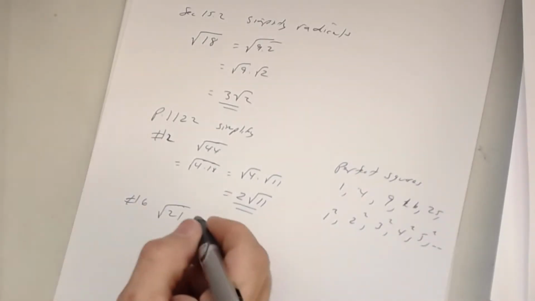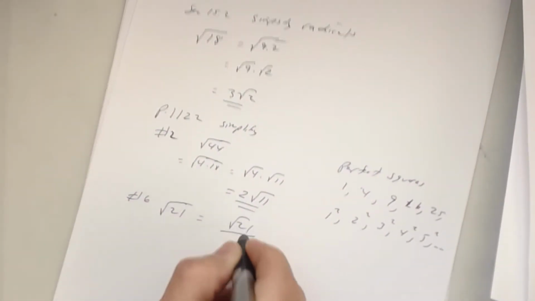None. There is no other perfect square that goes into 21. So the answer is just the square root of 21. Square root of 21 equals the square root of 21. You can't simplify it, right? It's itself. You can't go any further with it.